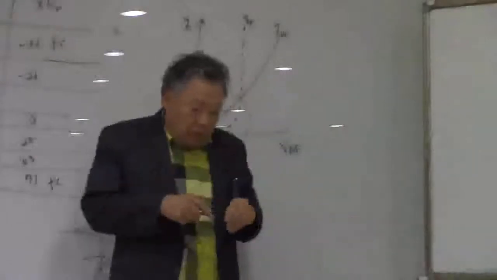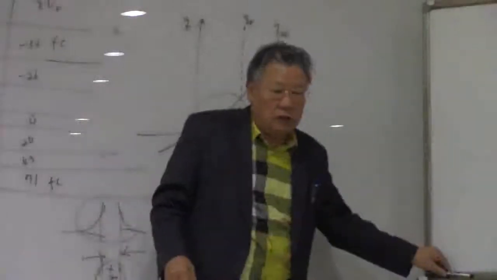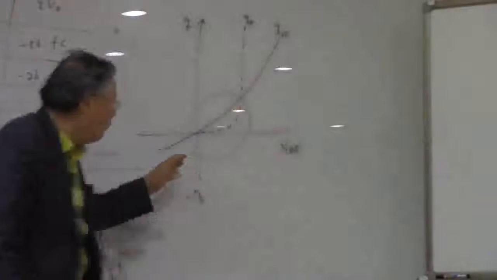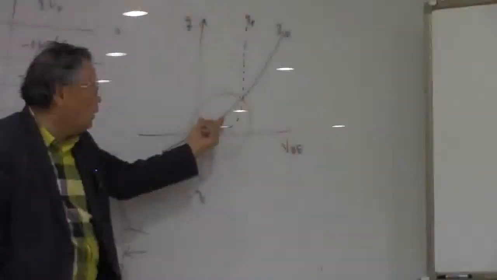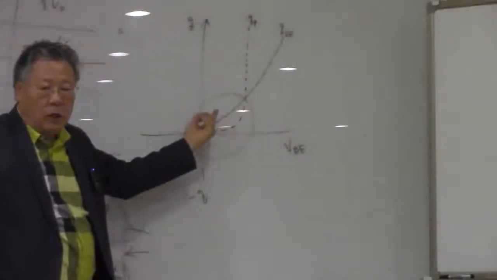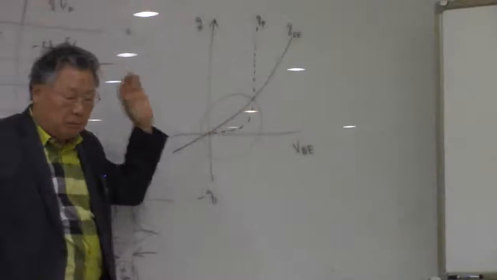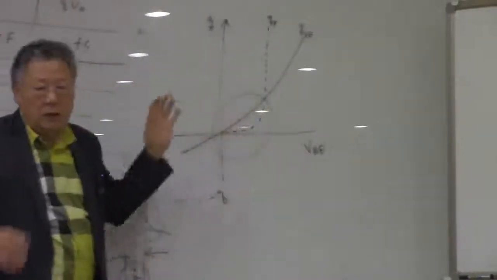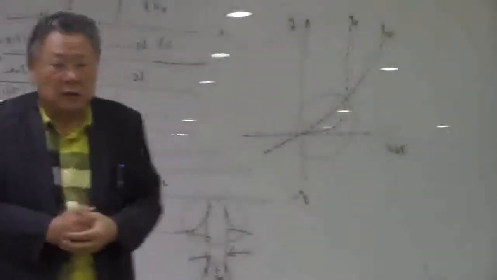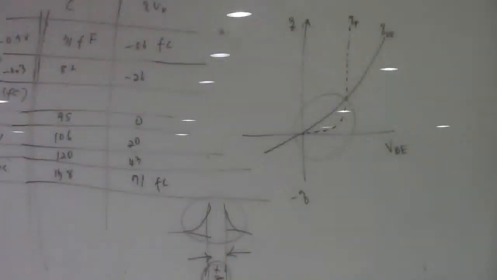So if you run bipolar transistors at low voltages, you have to worry about the space charge more than the injected charge.